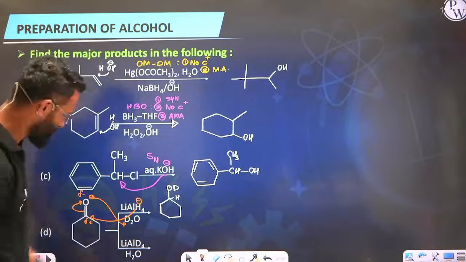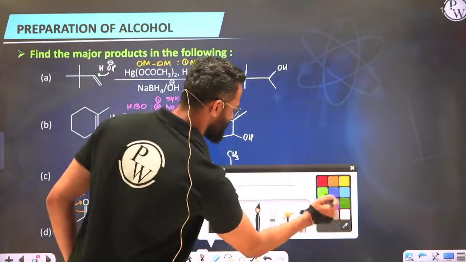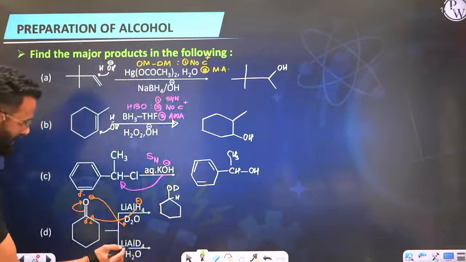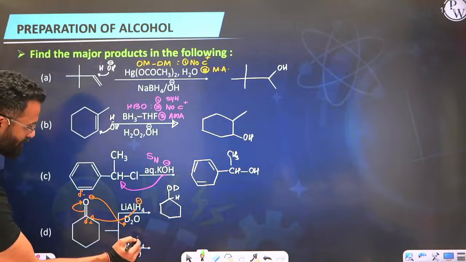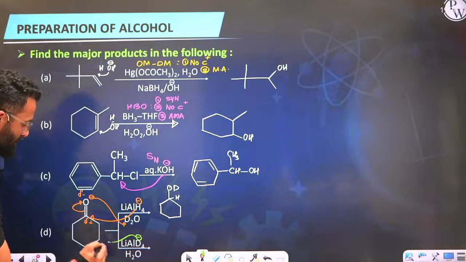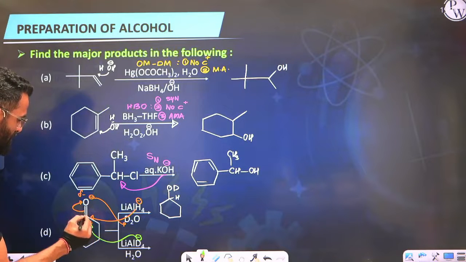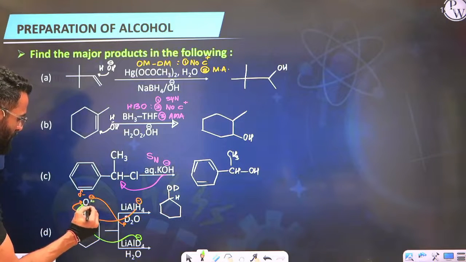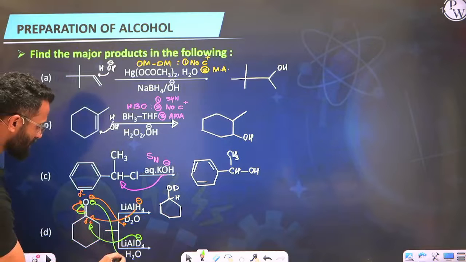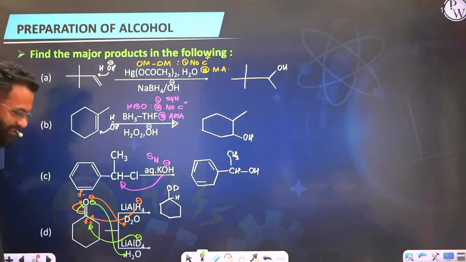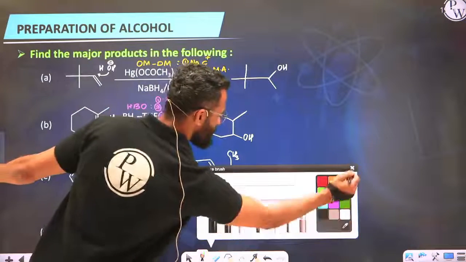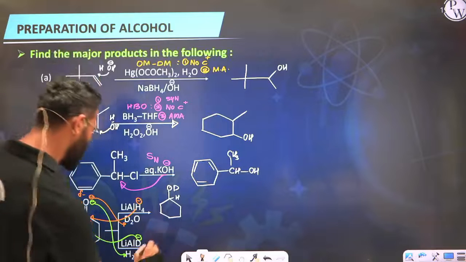Okay. Whereas in the second example, LiAlD4 deuteride will attack at the deficient carbon. Pi bond will break, making oxygen anionic, which will accept H plus from the solvent. So the product, well, I'll write it here.